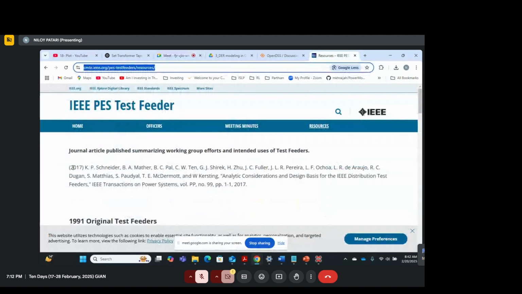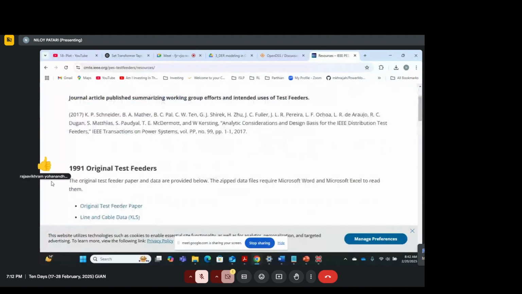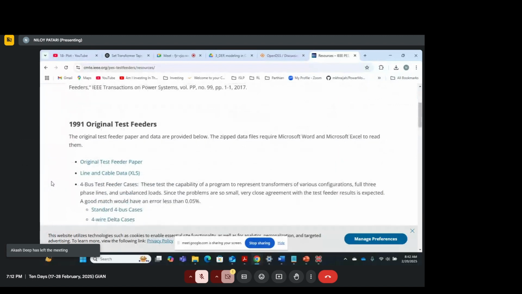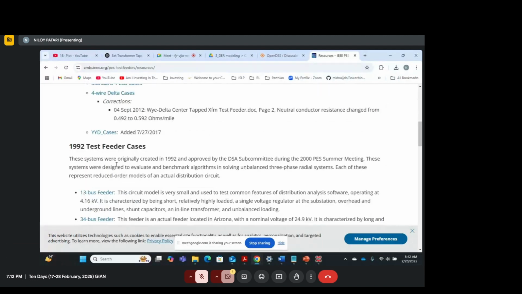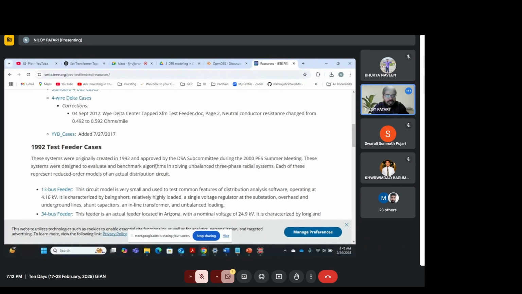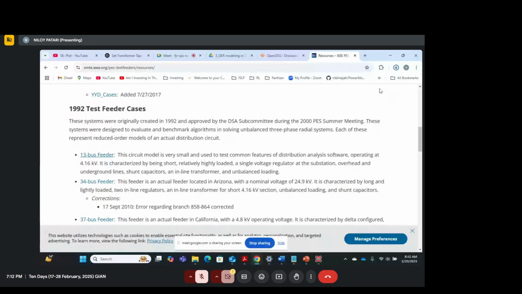If you go to this resources website, you can see all these test feeders: 1991 original test feeders, 1992 test feeder cases. These were originally created in 1992. You can find this 13 bus feeder, and if you click on it, you get a zip file which gets downloaded.